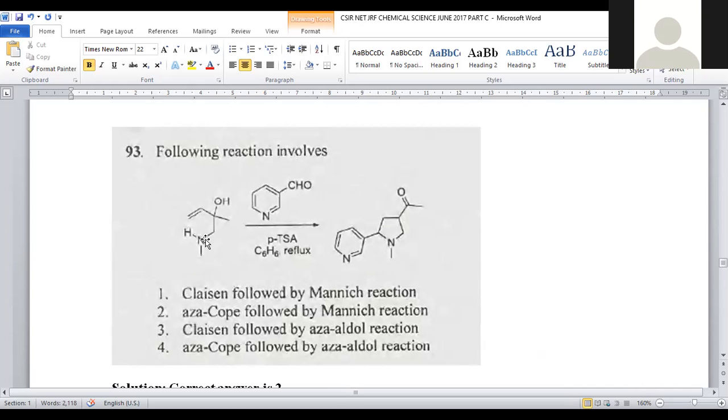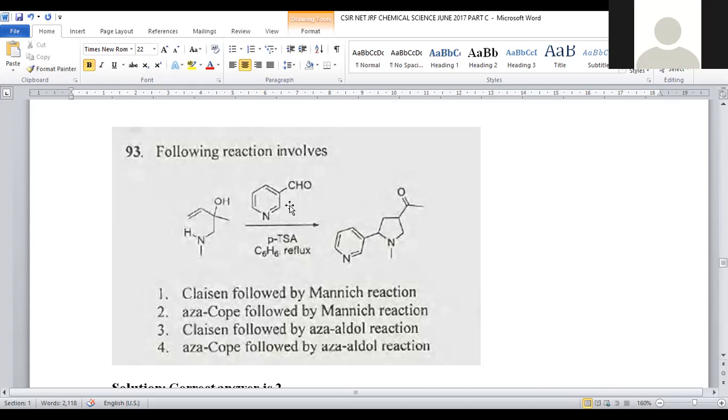where we are given a secondary amine and also pyridine 3 aldehyde, right? So pyridine 3 aldehyde and a secondary amine are given. Here PTSA is given, with benzene solvent under reflux conditions. The product is given. What will be the product?